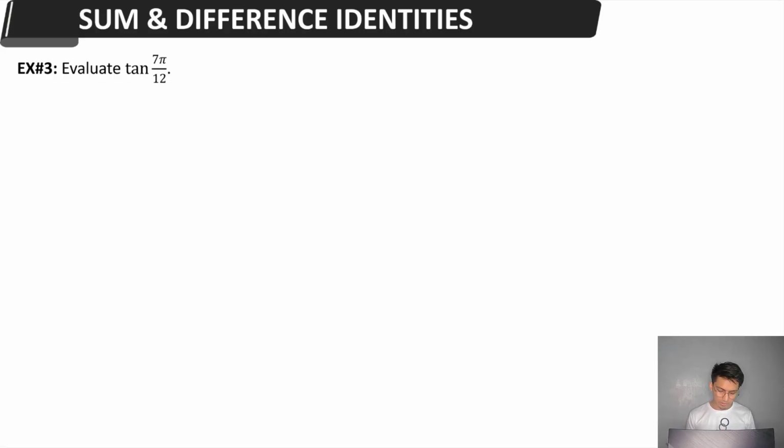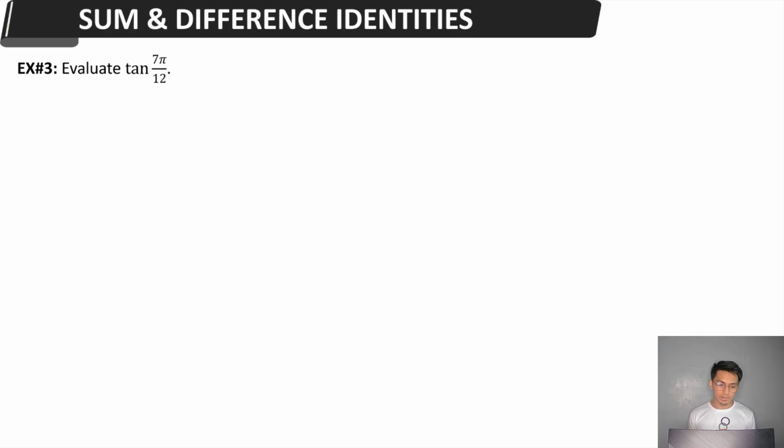Example number 3, evaluate the value of tangent 7 pi over 12. So in this problem, in terms of radians na tayo. Pero, same process lang if we're going to apply the sum and difference identity. And this time, tangent function ang given sa atin. So for 7 pi over 12, we again separate it into two parts, pero dapat equal pa rin sa 7 pi over 12.